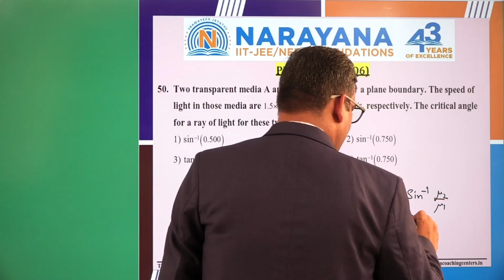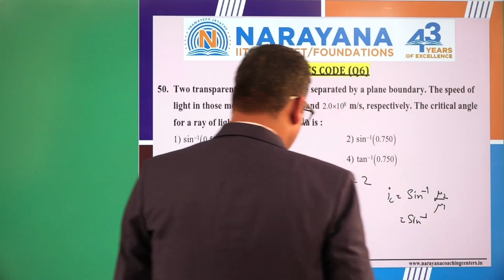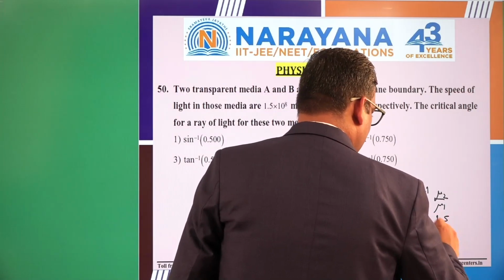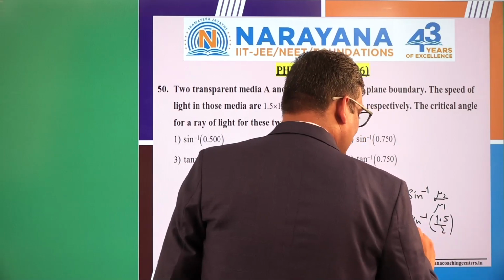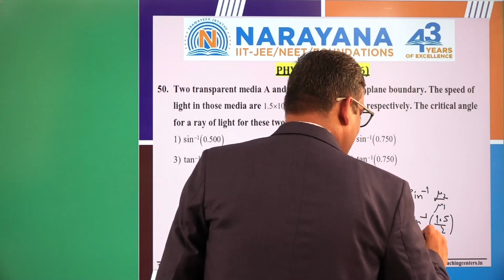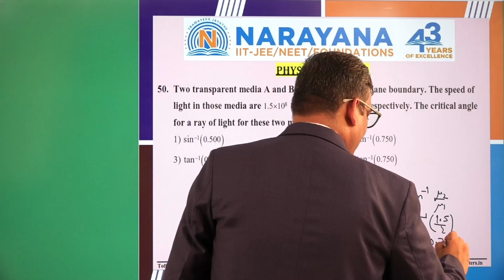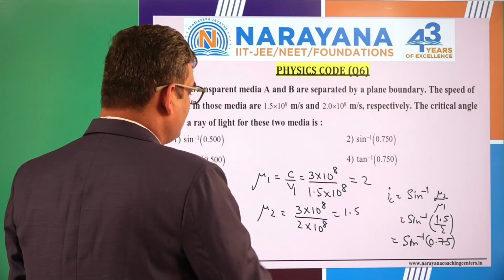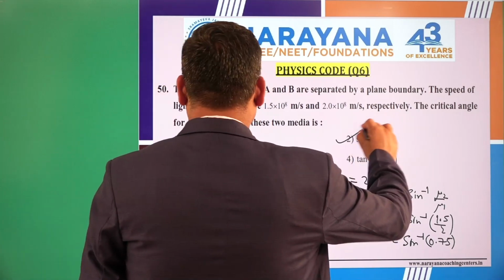If we divide these two, mu2 is simply 1.5 divided by 2, which will give us 0.75. So this is sine inverse 0.75, which means the correct answer should be sine inverse 0.75, the second option.